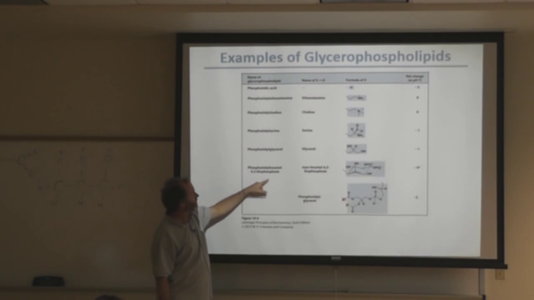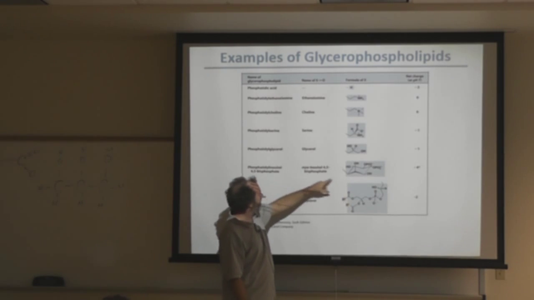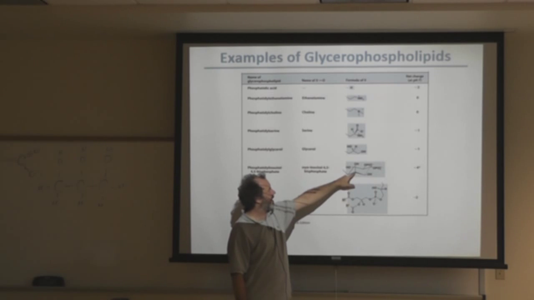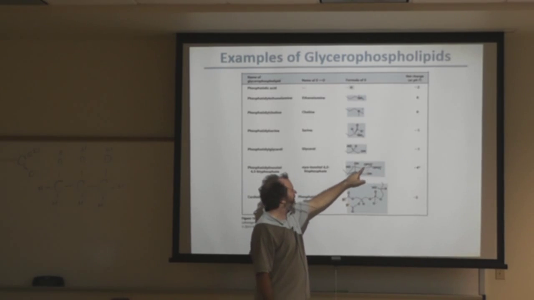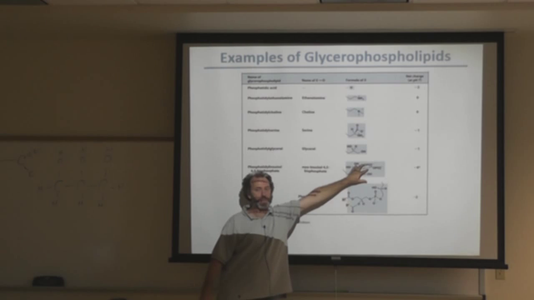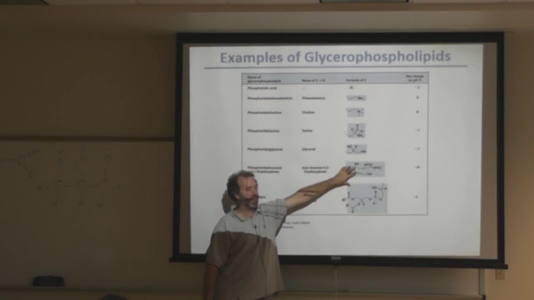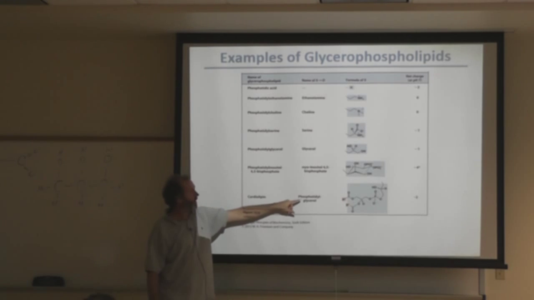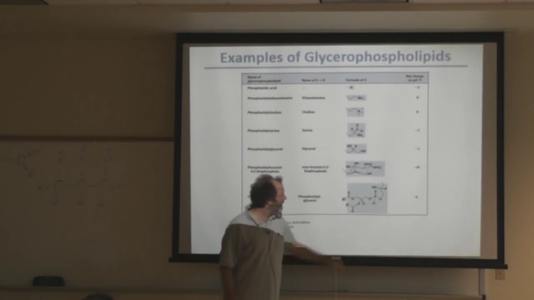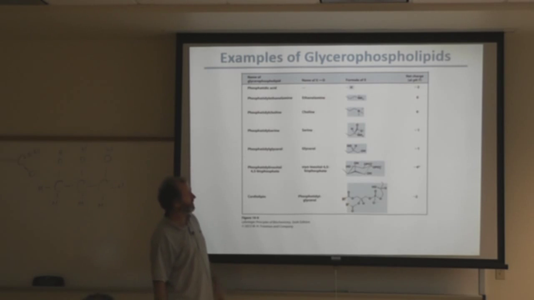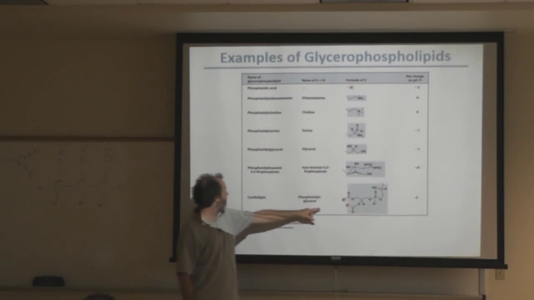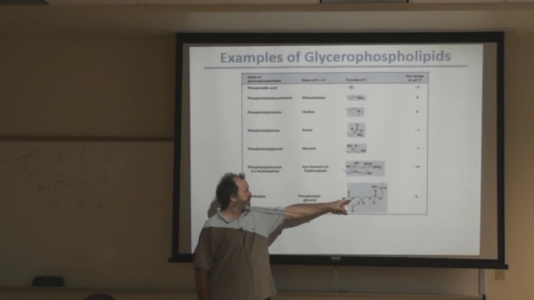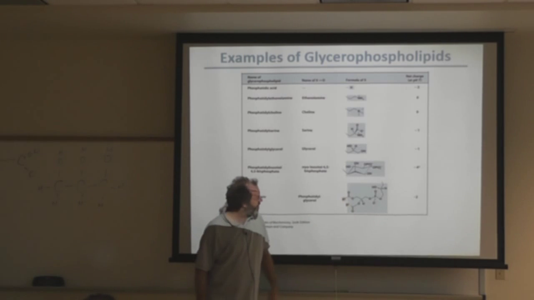Phosphatidylinositol 4,5-bisphosphate: inositol is like a sugar alcohol, and you have 2 phosphates added to that. This is an important signaling molecule we'll learn about later. Cardiolipin is a phosphatidylglycerol head group. Does anybody notice something else for this cardiolipin? Oh, I'm jumping ahead.